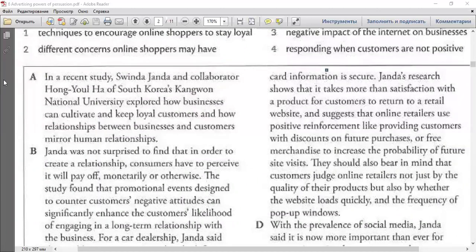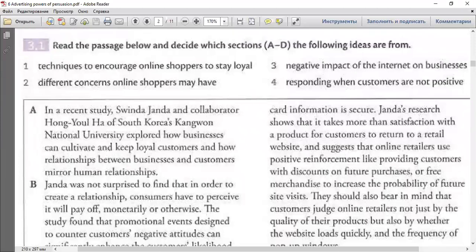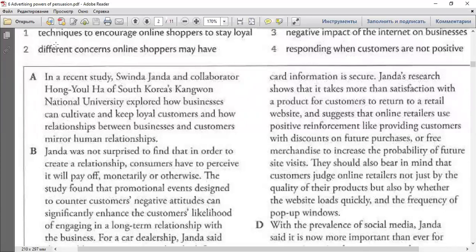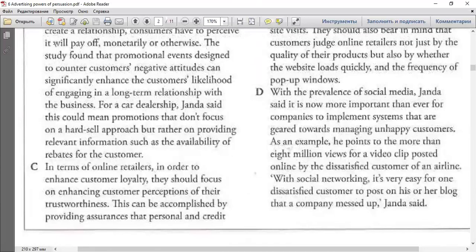Okay, so yes, number one, that's C, paragraph C. Then different concerns online shoppers may have. So which one would that be? Yes, so this is also C.